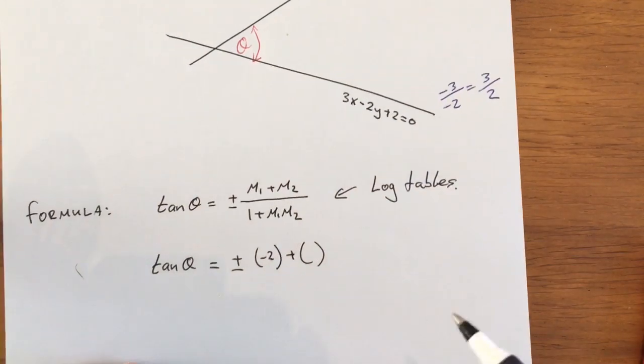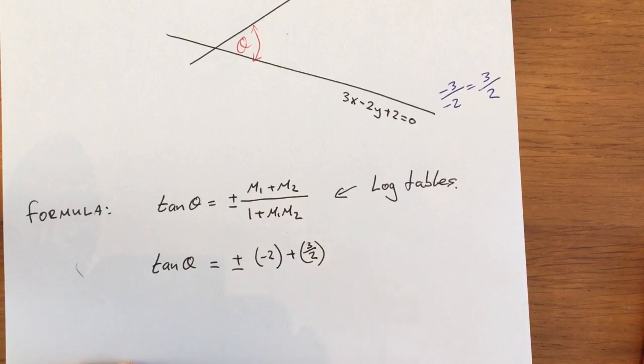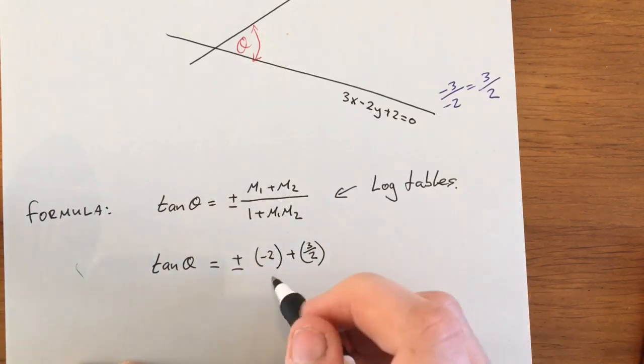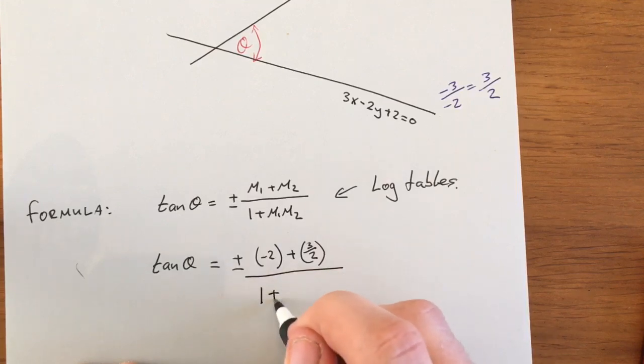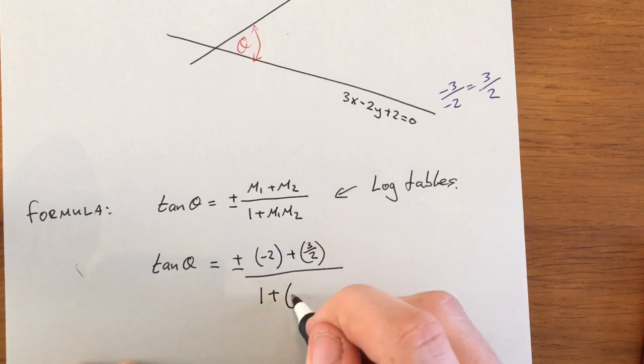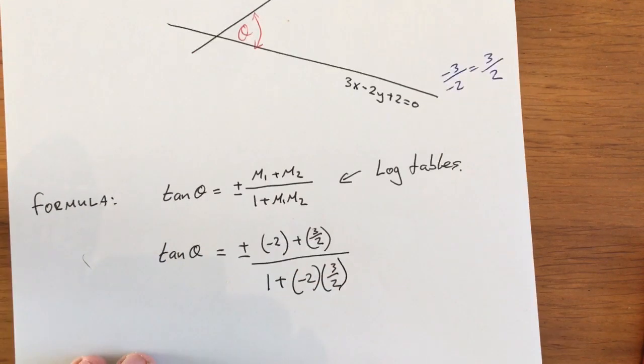So the slope of the second line here is 3 over 2. And then to follow the formula, it's m1 plus m2, I have that, all over 1 plus the two slopes multiplied by each other. So that would be minus 2 multiplied by 3 over 2. Okay, so that will give us that.